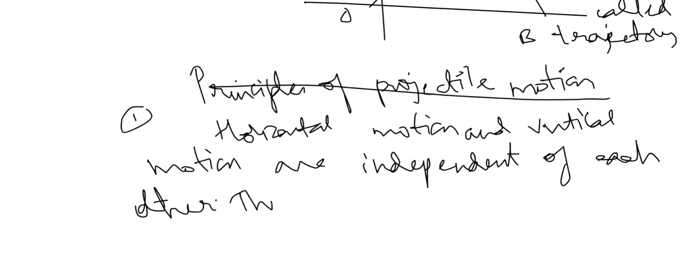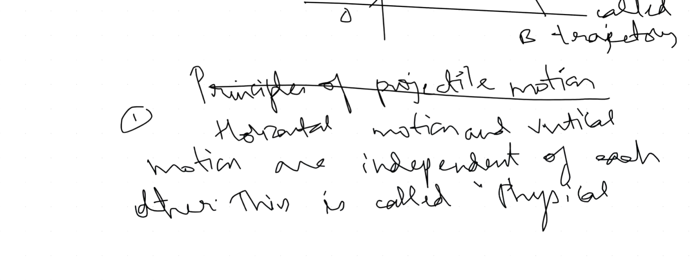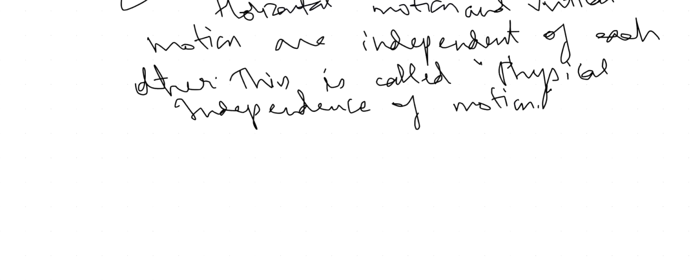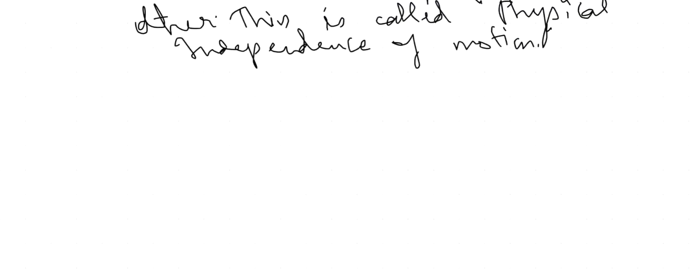That means there is no relationship between the horizontal motion and vertical motion. The two motions are independent of each other. This is the first principle of projectile motion.